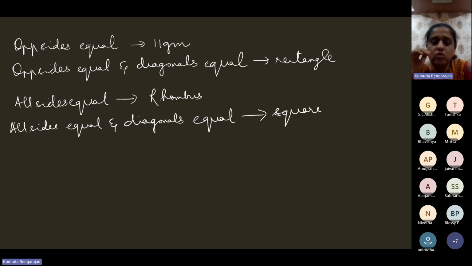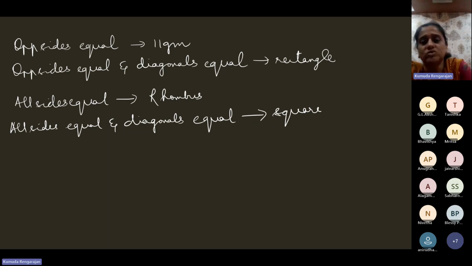Supposing you have to prove that the 4 points are the vertices of a parallelogram, just show that opposite sides are equal. If all sides are equal, it's a rhombus. If you have to show that it's a rhombus, you must show that all the sides are equal.